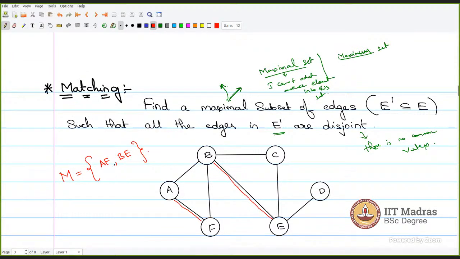So if you observe, this is not the maximum matching. Why? Because I can find another subset such that I will have more edges in my matching set. But this is a maximal matching.